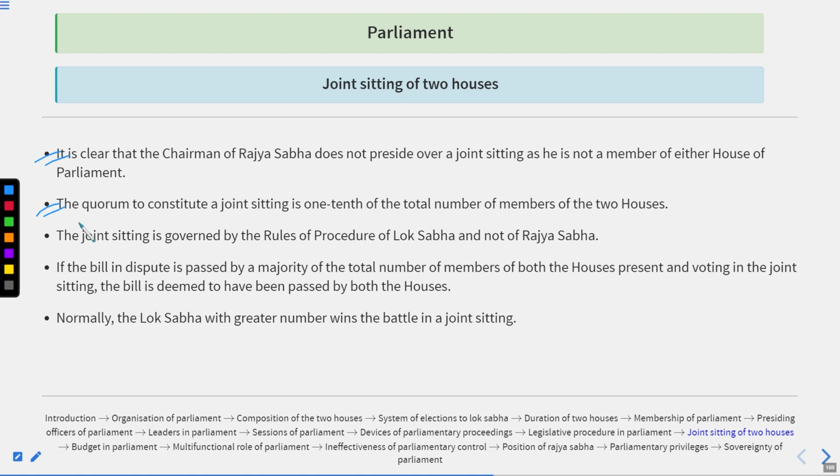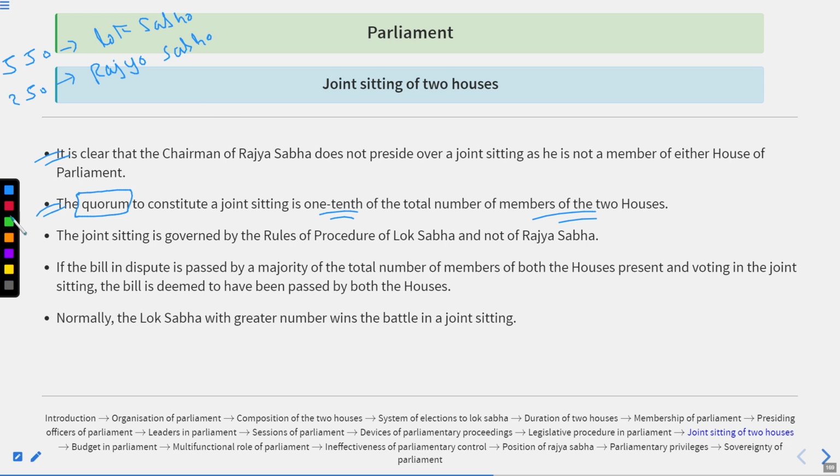Okay, the quorum to constitute a joint sitting is 1/10 of the total number of members of two houses. Generally, if we talk about the quorum, it is 1/10 of the total number of members in the house. But when we take the case of joint sitting, suppose 550 members are in the Lok Sabha and 250 members are in the Rajya Sabha.